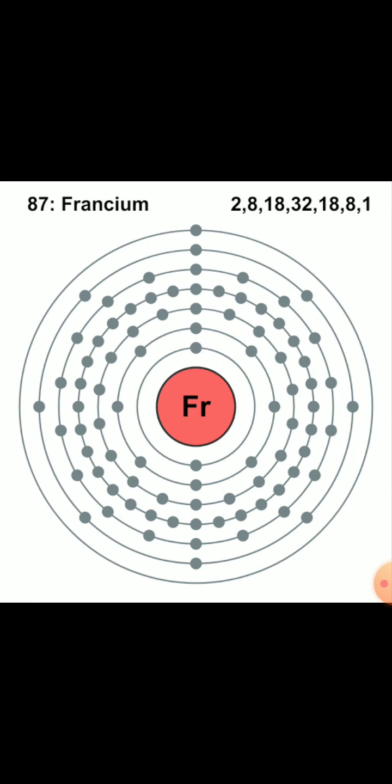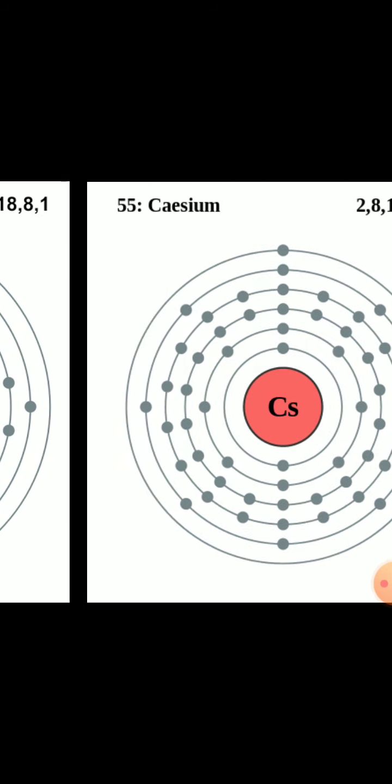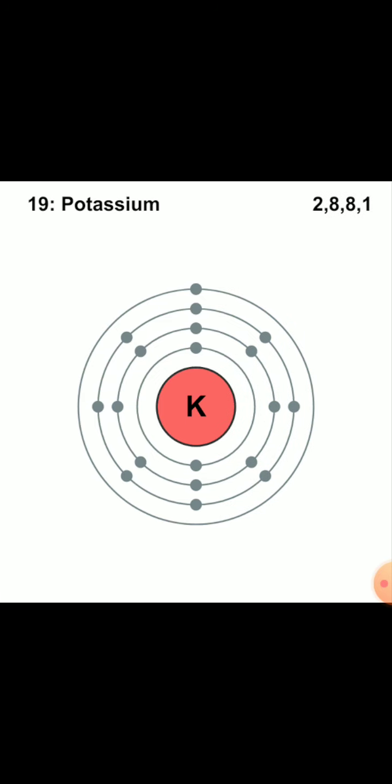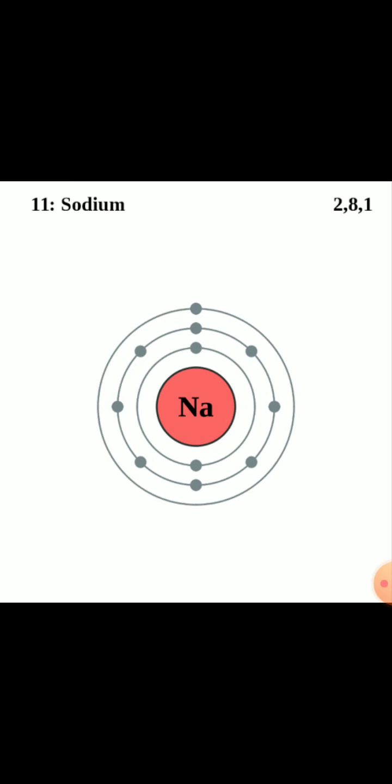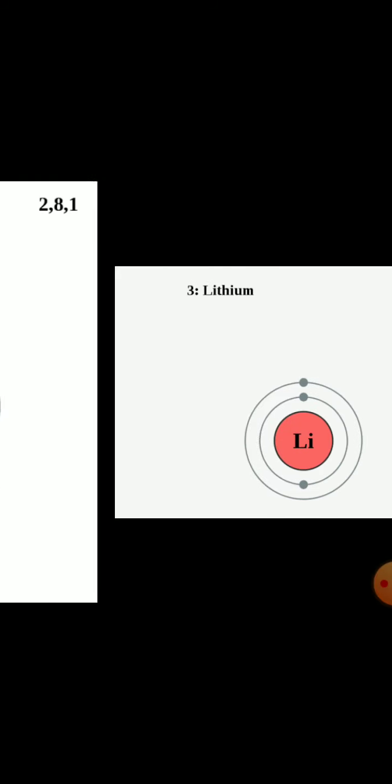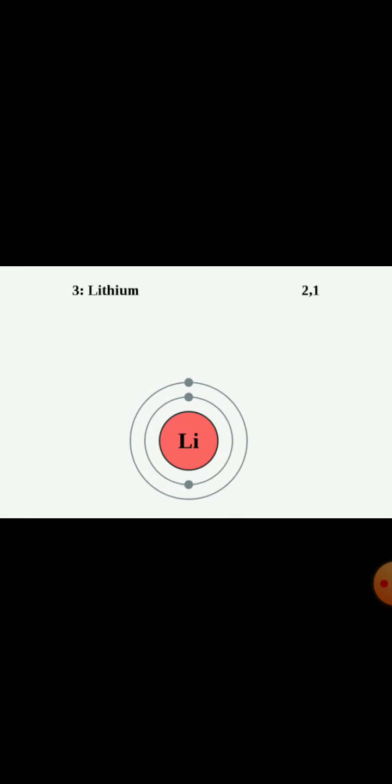We have talked about this for the first group, but this will be the same for all. This property will be the same for all the elements present in one group. For example, here in group 1, we have 1 electron in the outermost orbit for all elements. As you have observed, for every element, 1 electron is the valence electron.